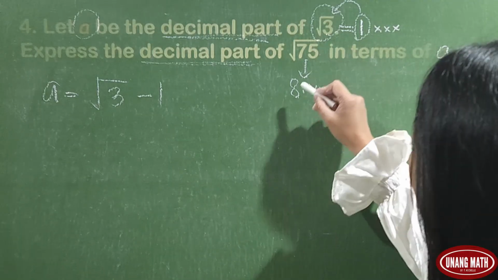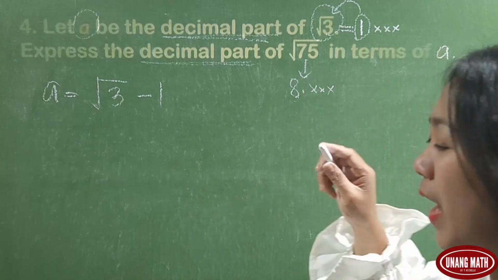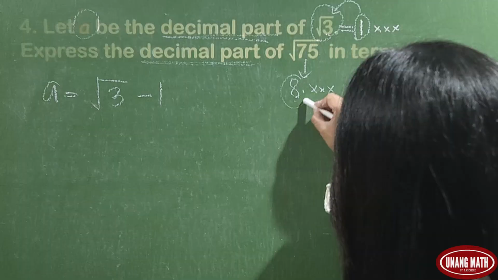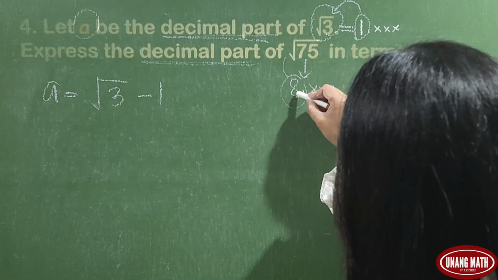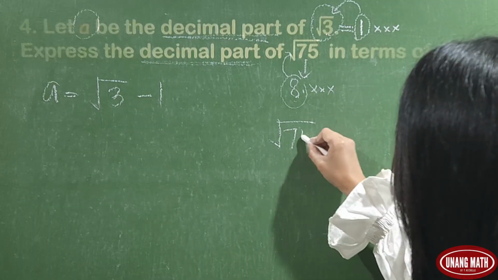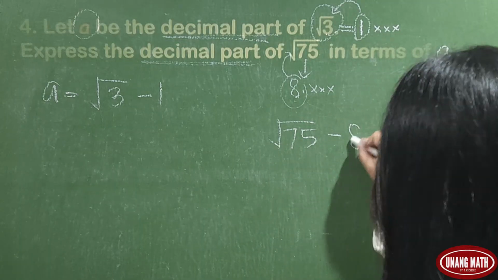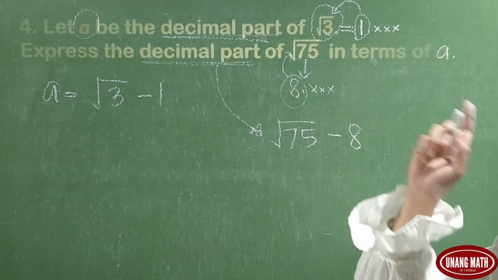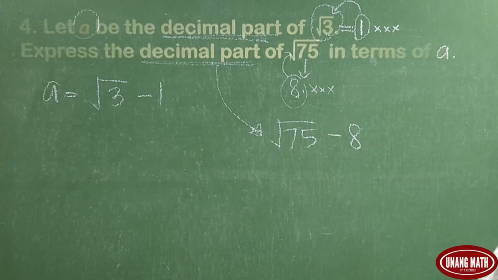So it means square root of 75 is 8 point something. And to find the decimal part, subtract this whole number 8 from square root of 75. So now we have square root of 75 minus 8. This is the decimal part of square root of 75.